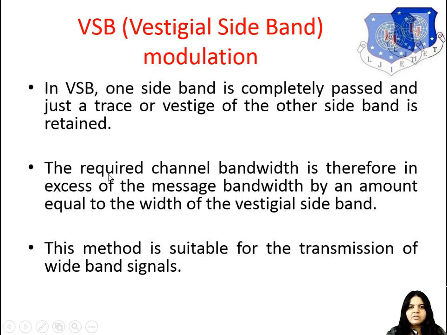The required channel bandwidth is therefore in excess of the message bandwidth by an amount equal to the width of the vestigial sideband. This method is suitable for the transmission of wideband signals.